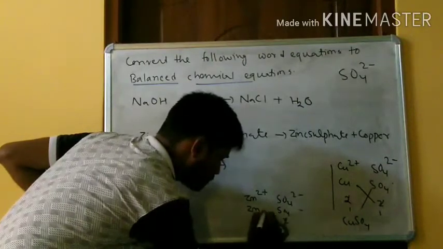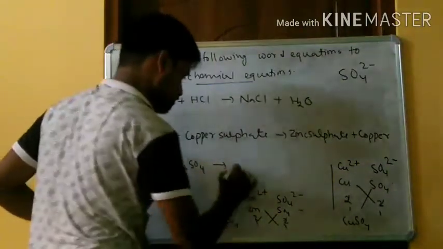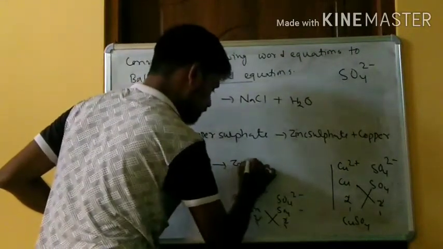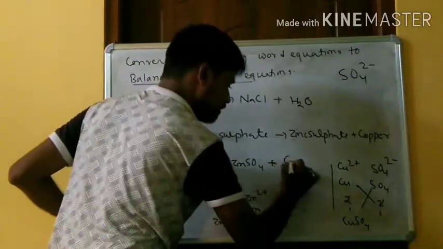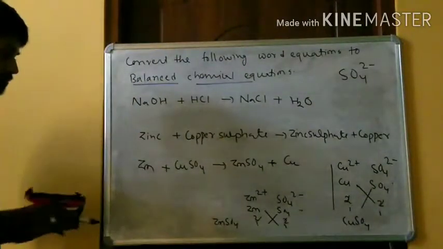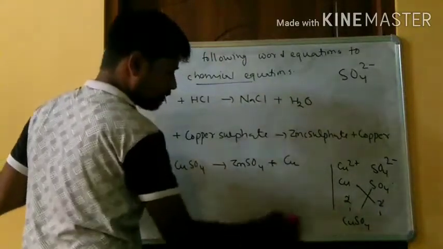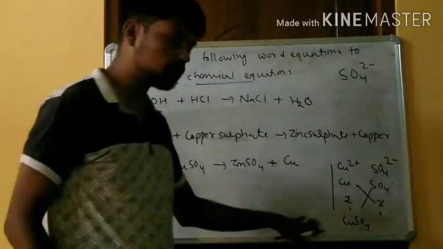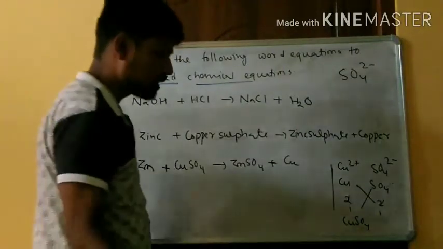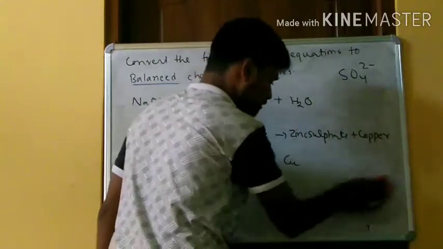Both of them cancel out, so it becomes ZnSO4. And it is copper, so you can directly write Cu. Okay. This identification of chemical formulas of compounds we have studied in class 9, so try to recall it.